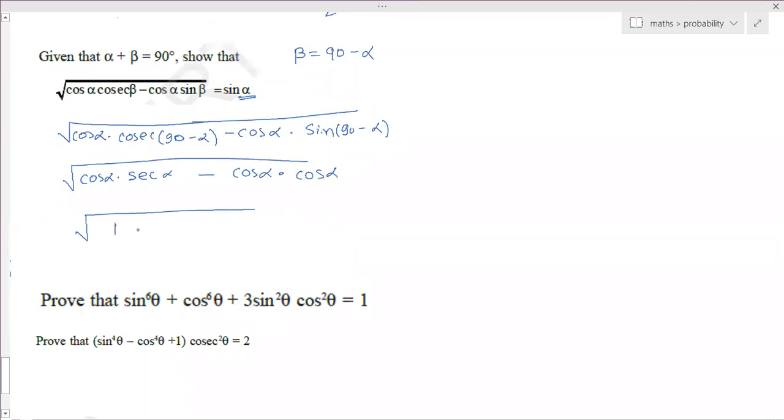And cos into cos, cos square alpha. That is square root of 1 minus cos square alpha is sin square alpha. Square root of sin square is sin alpha. That is RHS.